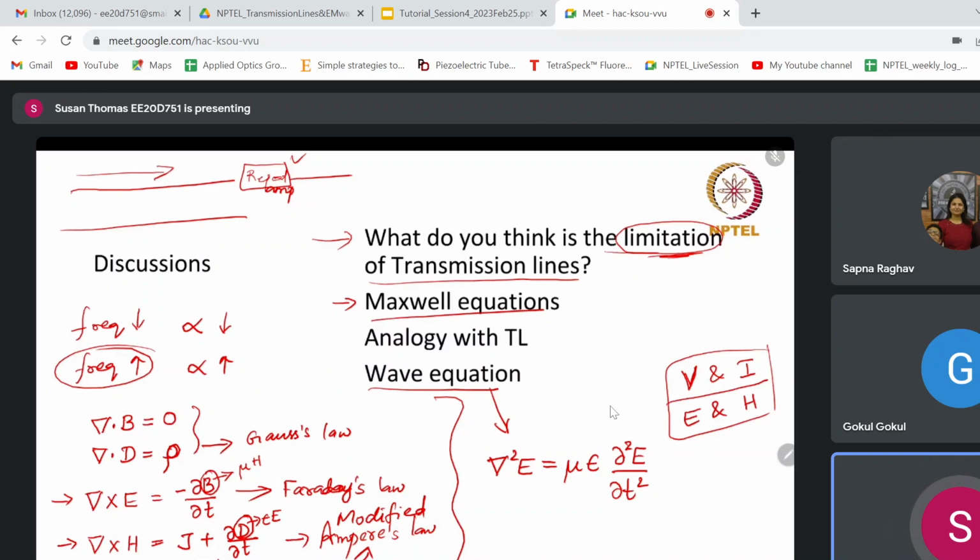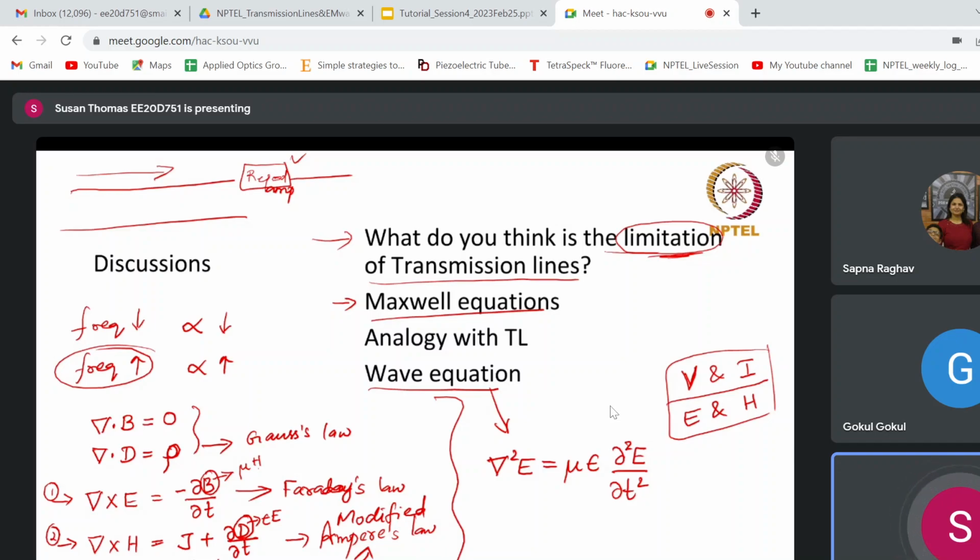To give a brief, how do we get it? We try to decouple. As I told before, E and H are present in both curl equations, curl equation 1 and curl equation 2, and in both of these, E and H get coupled.